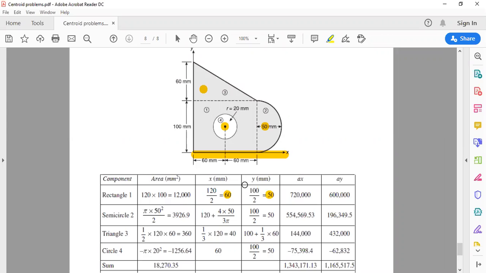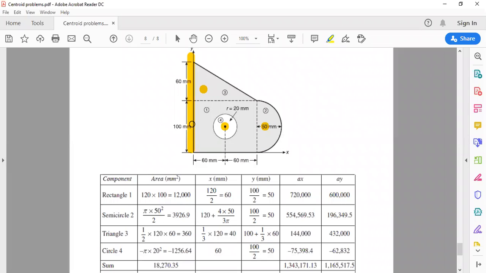Now, in the next part, the second diagram, that is the semicircle, the distance of the CG of the semicircle from the y-axis will give me x bar.